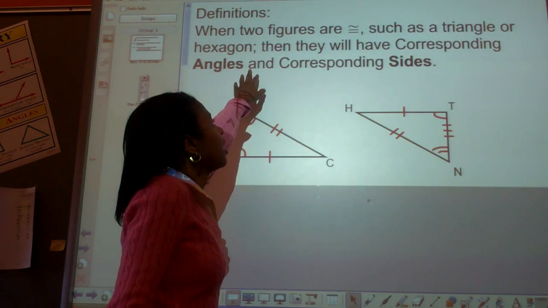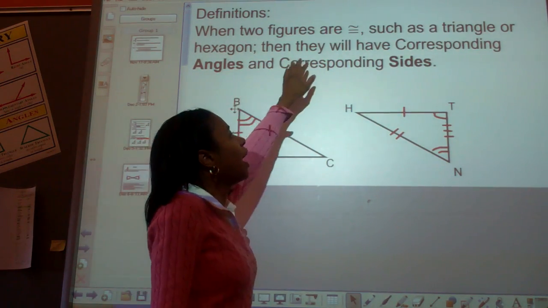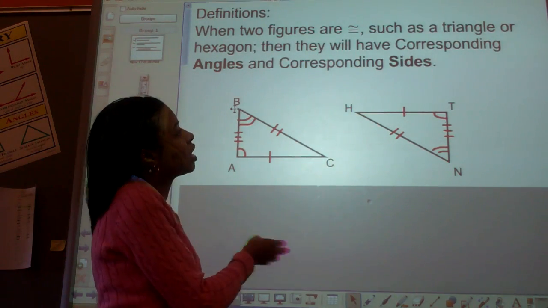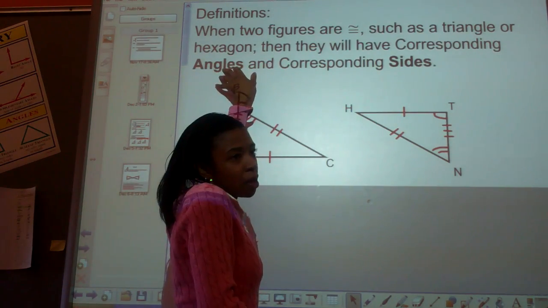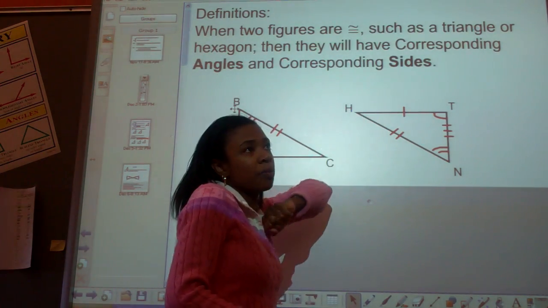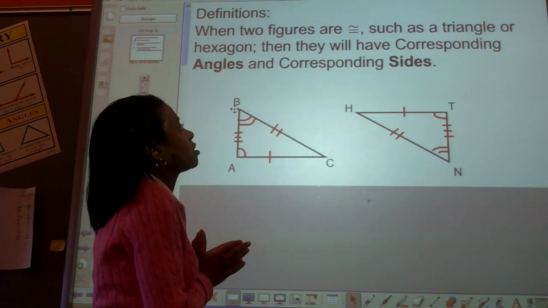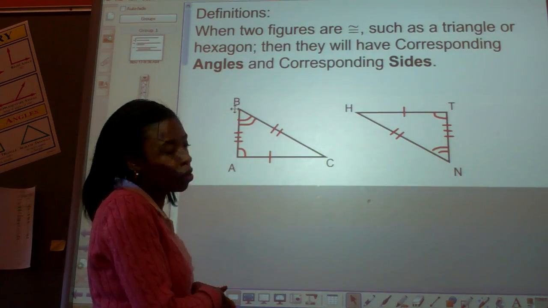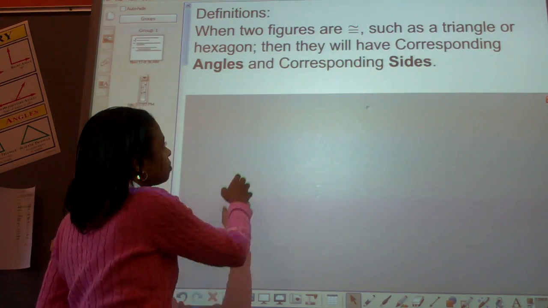Then that means that if two triangles are congruent, then they will have corresponding angles and corresponding sides. If I have three hexagons and all three of them are congruent, that means that all of their angles will be congruent and all of their sides will be congruent to one another. If I have 10 pentagons, then all of their sides will be congruent and all of their angles will also be congruent.